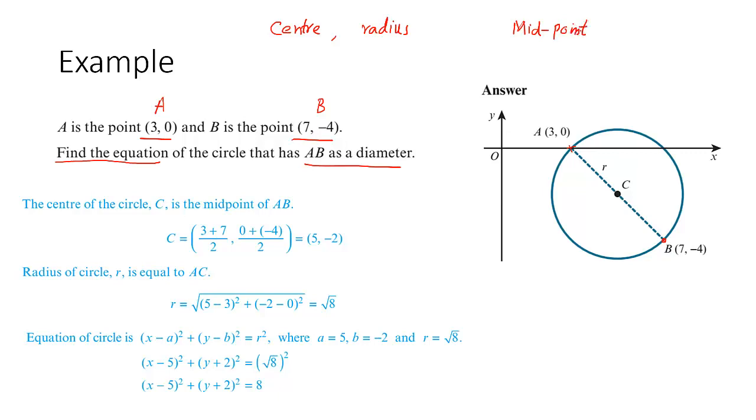The midpoint formula is (x1 plus x2) over 2 comma (y1 plus y2) over 2. So take this x1 and y1 and this x2 comma y2 and just plug in these values in the formula. You will get the midpoint, which is the center.